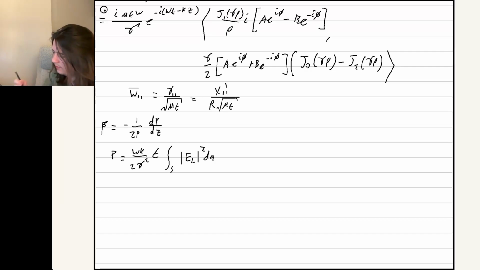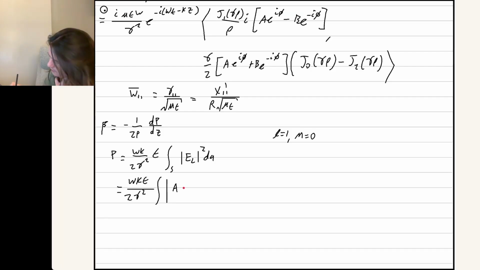So again, we're doing the TE modes, specifying that we're in the L equals 1, M equals 0 mode. We have omega k epsilon over 2 gamma squared. And then the electric field that we had before was A J0 of gamma rho, and then we had the propagation piece, e to the minus I omega t minus kz.